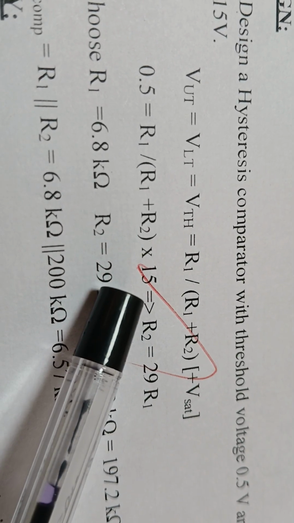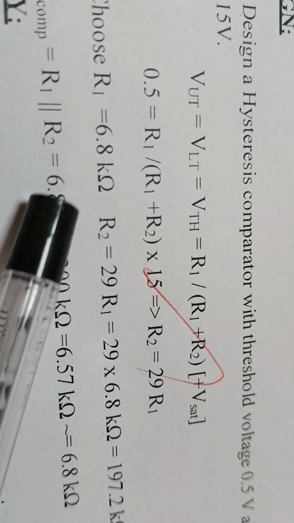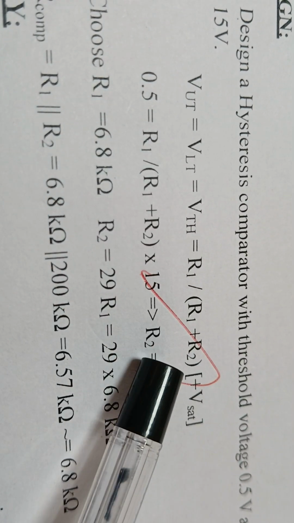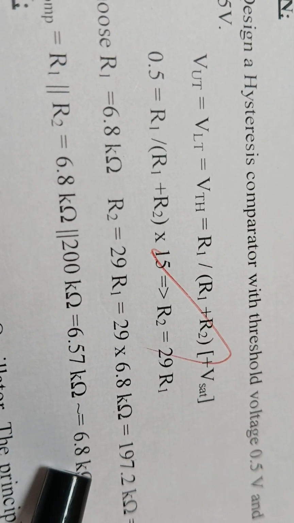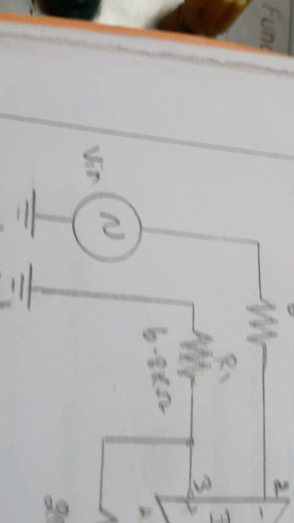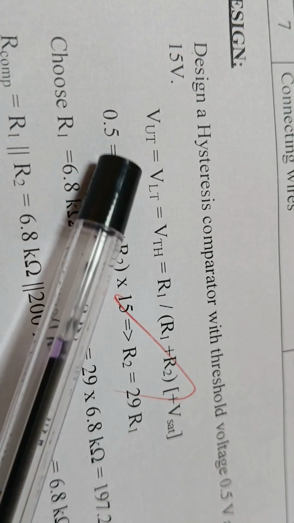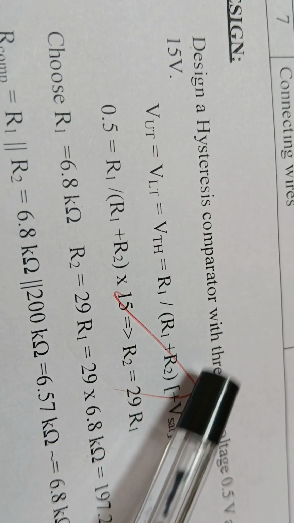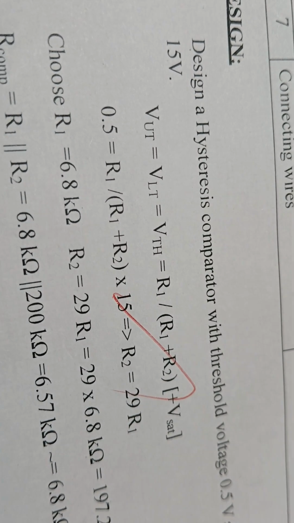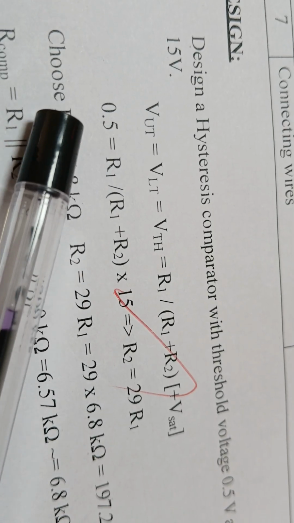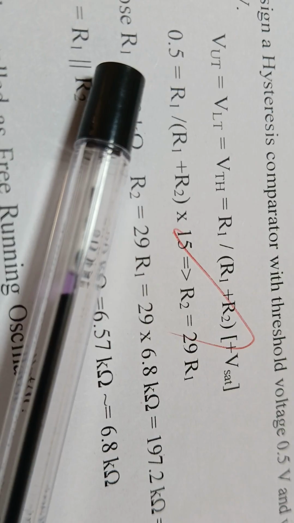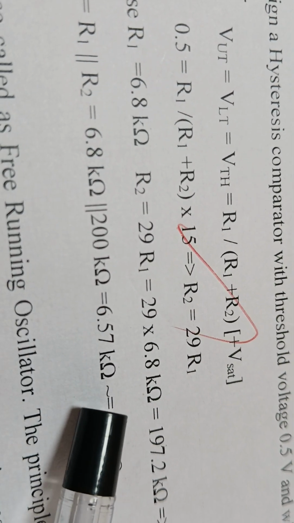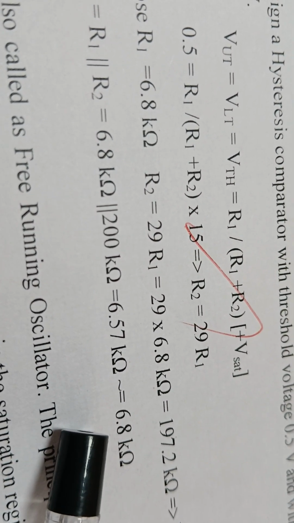For example, for 15 volt, calculating the design values, we get 6.8K. That value is what we use in the circuit. The upper and lower thresholds are the same, and for a V saturation of 15 volt, R1 and R2 come to 6.8K.